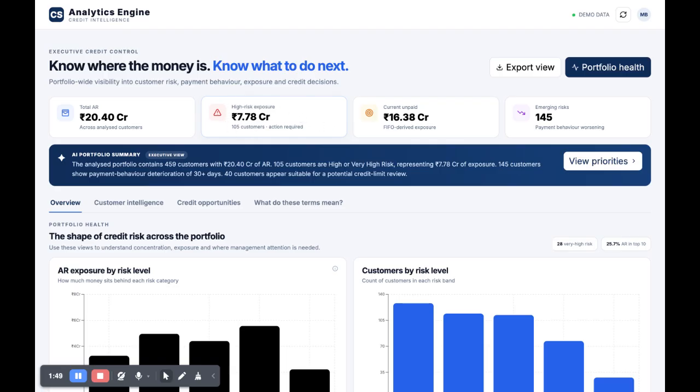We take into account various parameters to identify and calculate the risk score. That is not only the current situation, how much money he owes, but we also see whether the pattern with that particular dealer, distributor, or customer is worsening or improving.